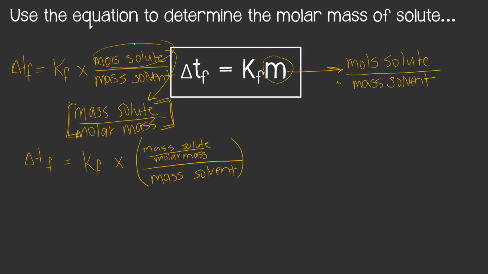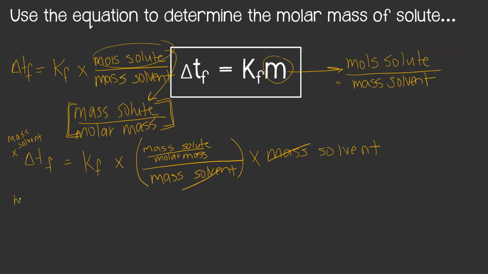Okay, I want to get molar mass by itself. Well, right now, mass of solvent is on the bottom. So I'm going to multiply by that. Remember, that's in kilograms. So that's going to cancel out.